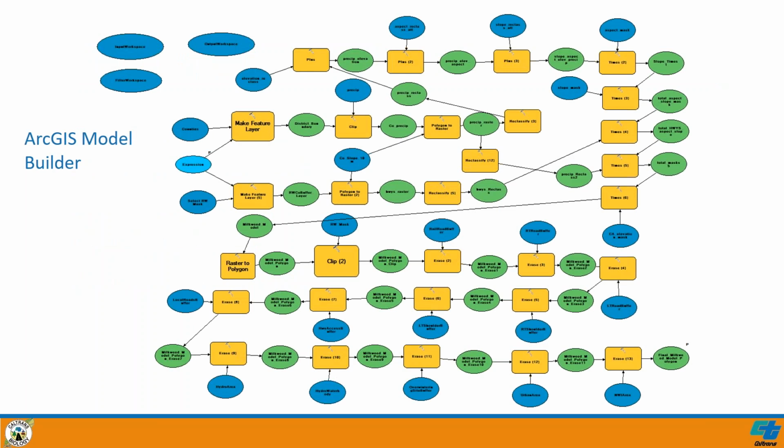So all that sounded fairly simple. In practice, this is the actual layout of the model that we ended up using. You can see it's fairly complicated. There are a lot of weighting variables within. There are a lot of calculations. The entire model was run ultimately in a Python script separate from the model builder due to resource needs.